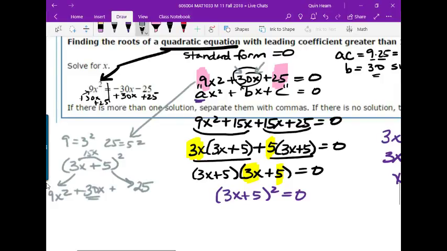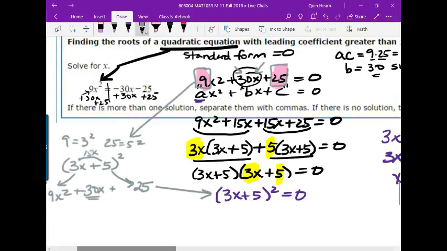When you multiply this out, you see, oh yeah, that is the same trinomial that I have there. So that allows you to just skip to the end and say, oh, so 3x plus 5 squared is equal to 0, and then set that equal to 0 and solve for x. So this only works if you notice that you happen to have the a and the c are perfect squares.